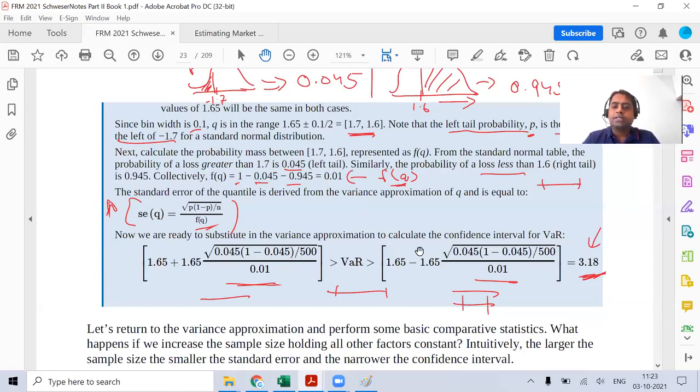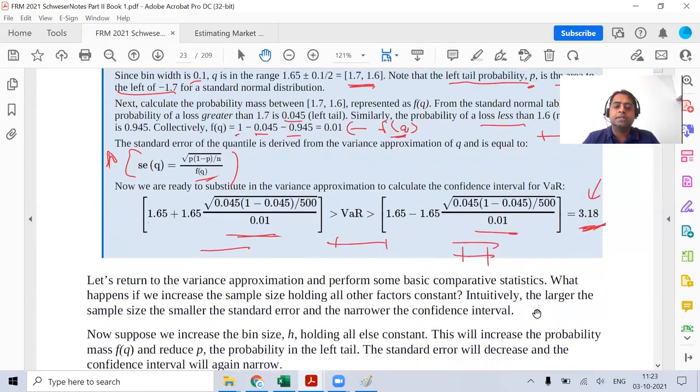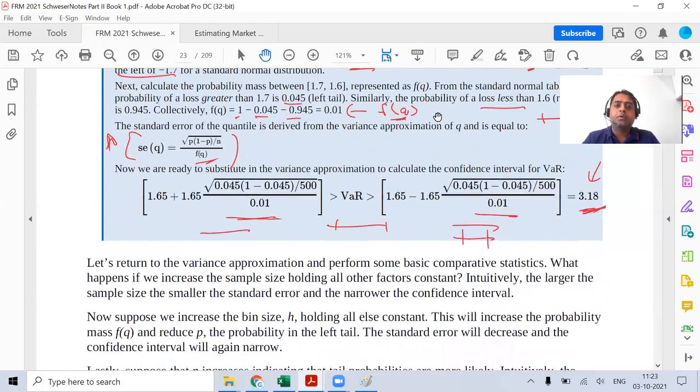Okay, I'm moving toward the next part. Now, what I expect from you guys is to look at this standard error formula properly and think about this. If I increase my n in this formula, what is going to happen with my numerator?